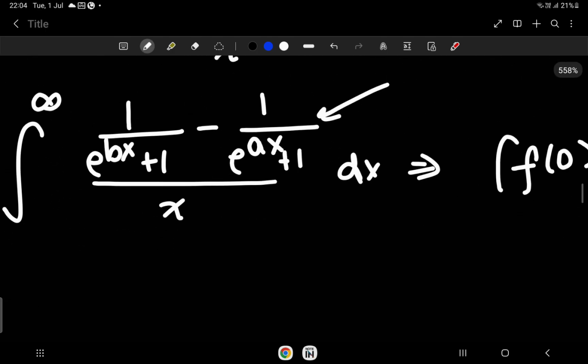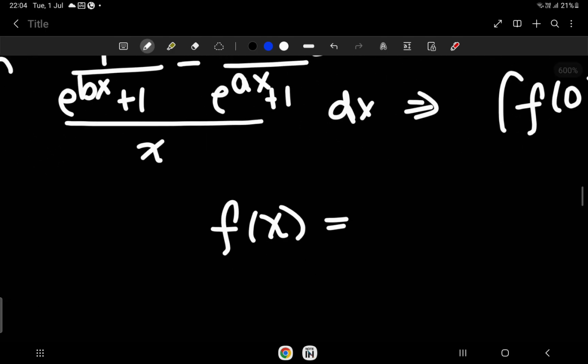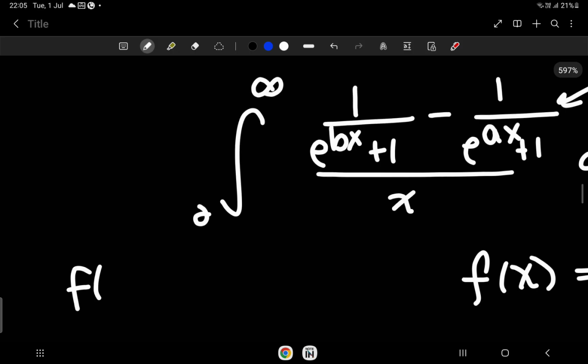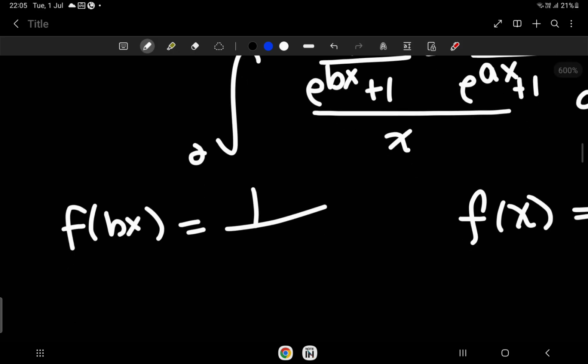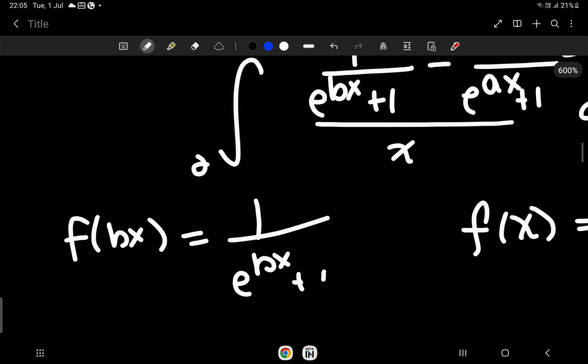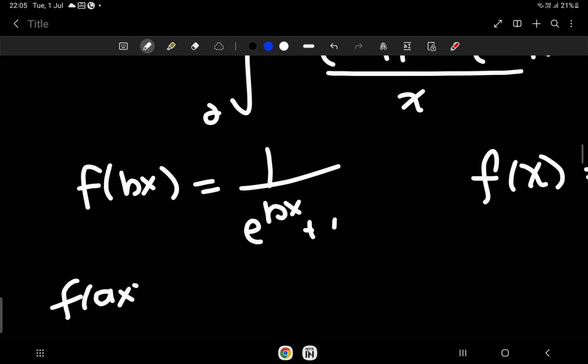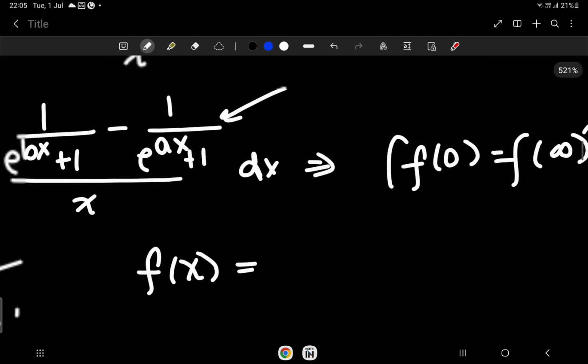Now what would be our f(x)? Clearly f(bx) is equal to 1 by e to the bx plus 1, and f(ax) is equal to 1 by e to the ax plus 1. So f(x) is 1 by e to the x plus 1.